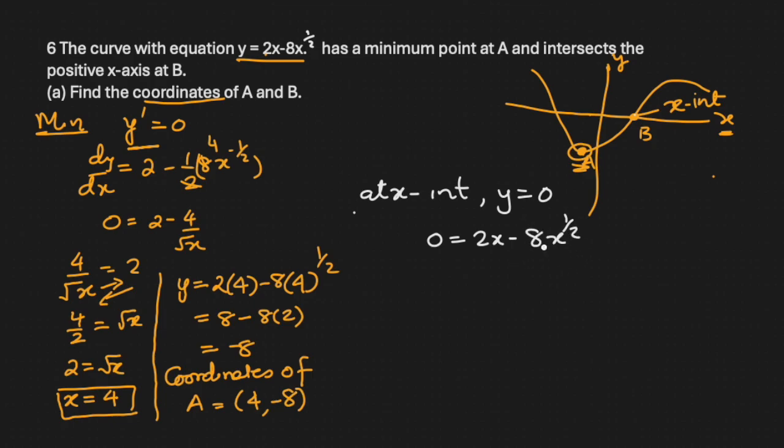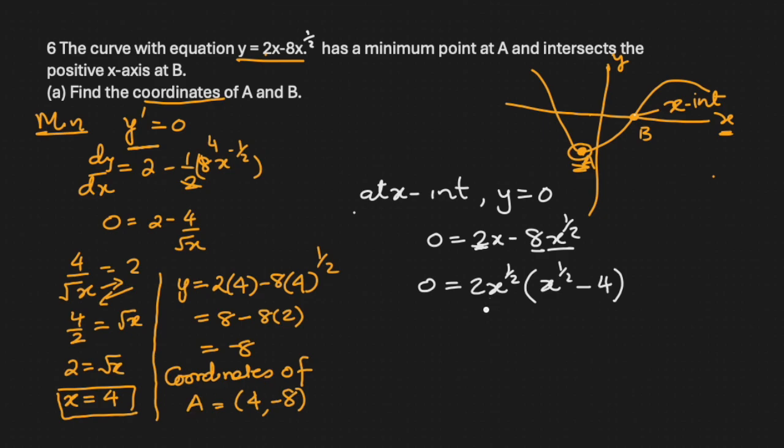Let me take 2 and x to the power half common from them. So 2x to the power half taken common. Out of 2x, 2 is out and x to the power half is out, so x to the power half is remaining here, minus out of 8, 2 is out, so 4 left.